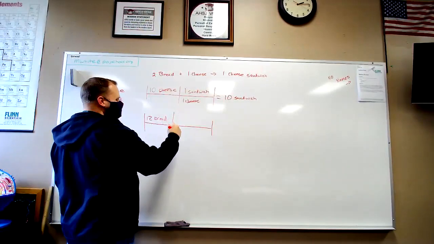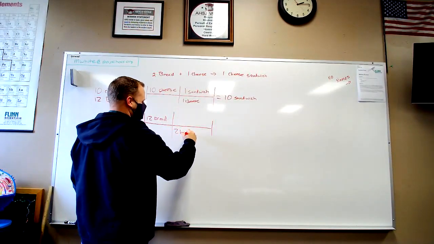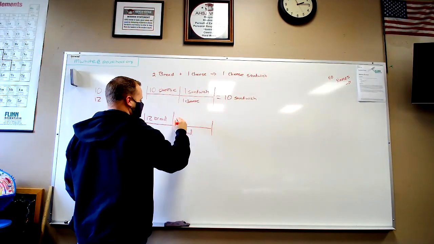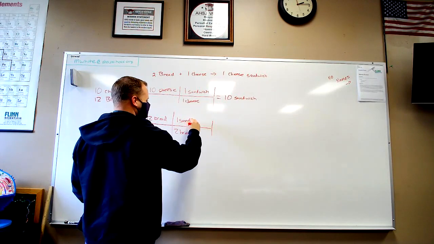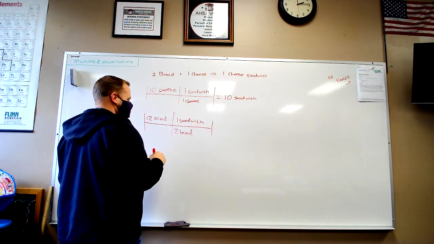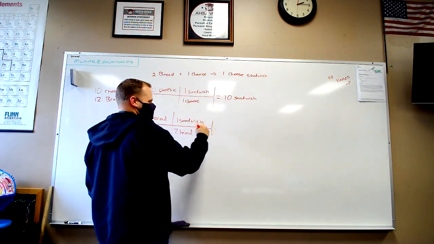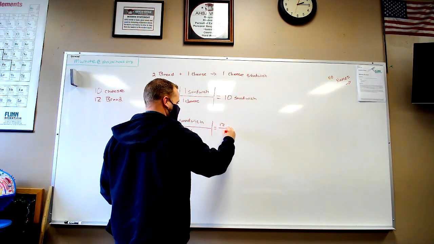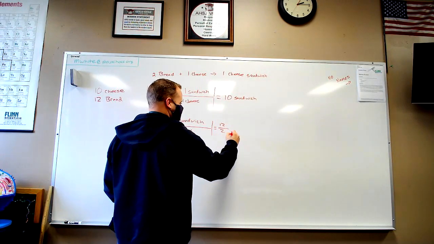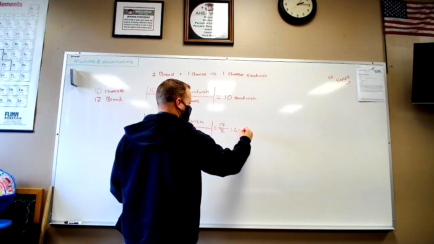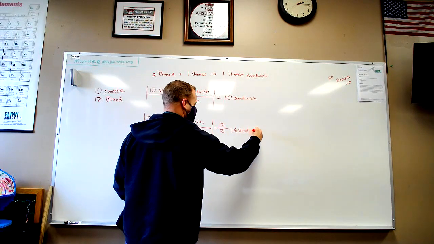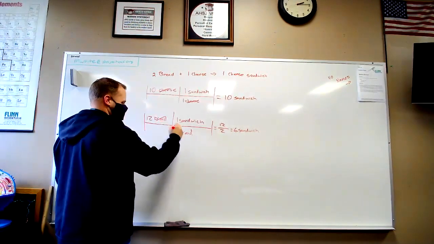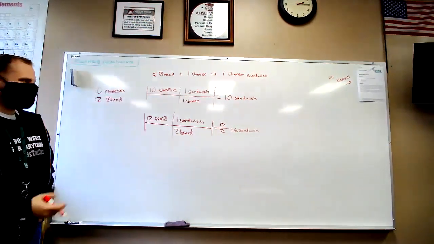For every 2 bread, we can make 1 sandwich. So this time we get 12 times 1 divided by 2, which is 6. See? That's what you're doing in your head.